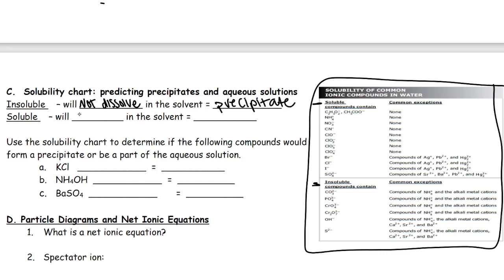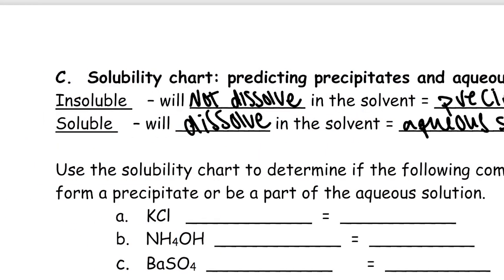And if something is soluble, that means it will dissolve in the solvent. So that is your aqueous solution. If it's a precipitate, we would write an S by it to indicate that it's a solid. So as far as the states of matter, that's the little things that go in your parentheses. And if it's soluble, it'll be aqueous.